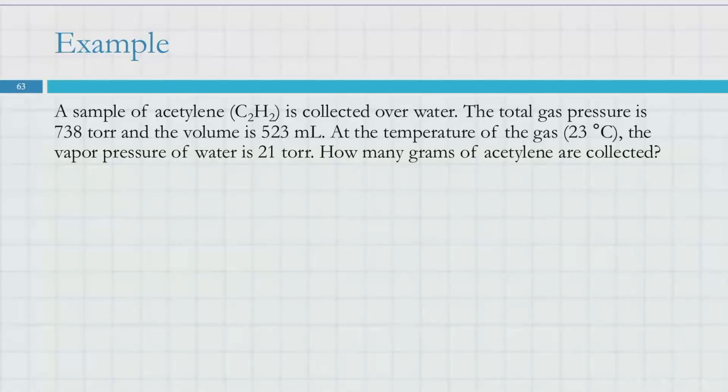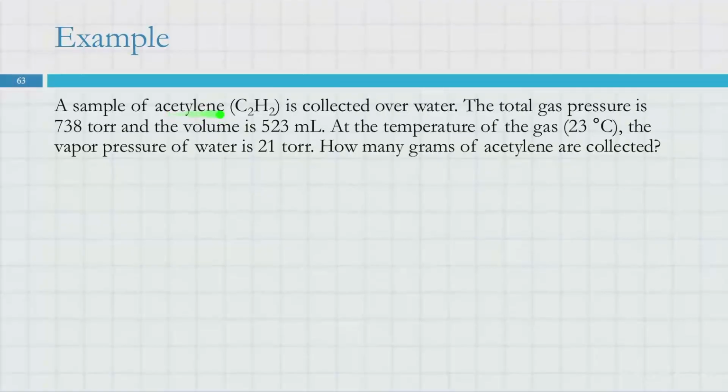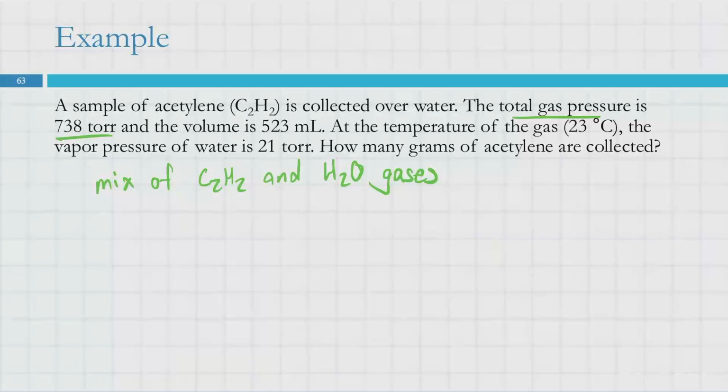So an example of using that: we've got a sample of acetylene, a gas that's often used for welding. It's collected over water. So our gas mixture has acetylene, C2H2, and water. So those are the two gases that we have present. The total pressure is 738 torr, so P total is 738 torr.